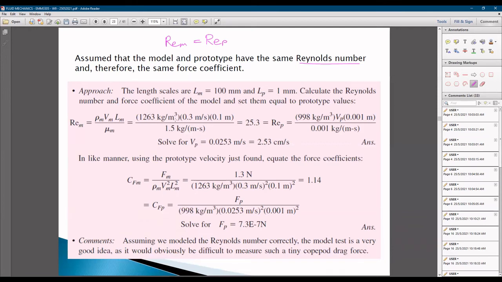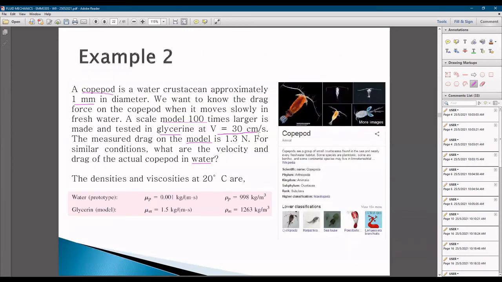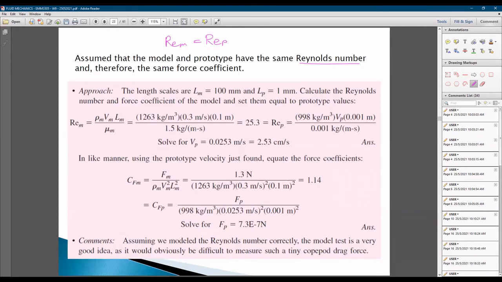And Vm, what is Vm? Vm is the speed inside the glycerin, which is 30 centimeters per second or 0.3 meters per second. Make sure that the units are in meters.